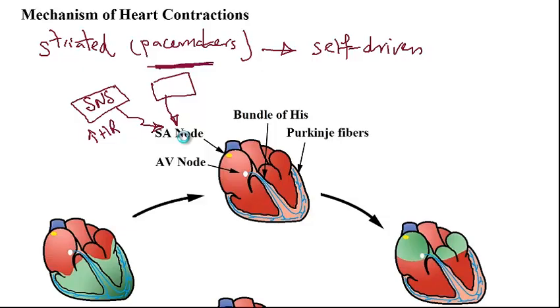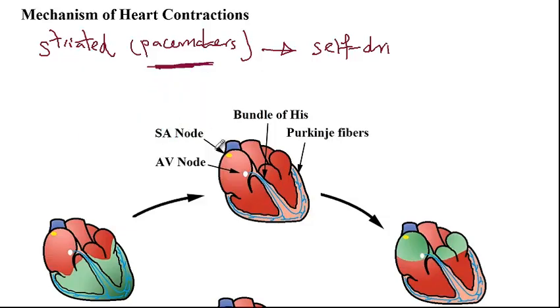All right, now with that information in mind, let me erase all this. All right, very good. Now let's go over the mechanism of heart contraction. So first we have the sinoatrial node. Here I wrote SA because it's the sinoatrial node. And it contains pacemakers that initiate the depolarization impulse for the cardiac contraction.